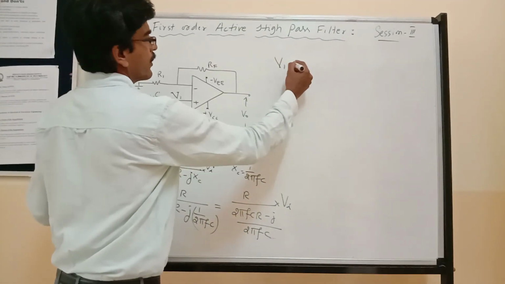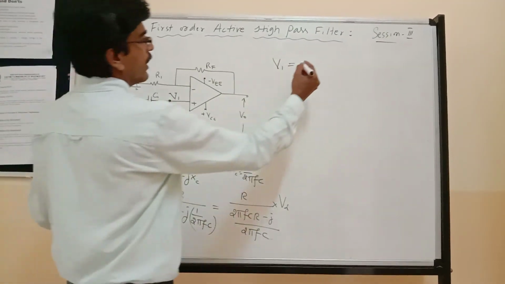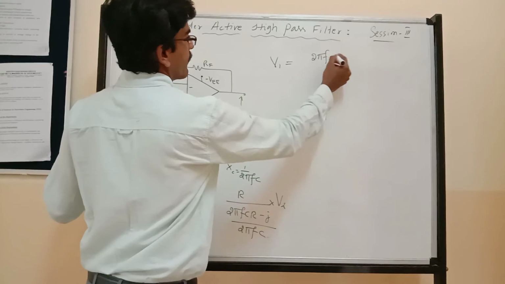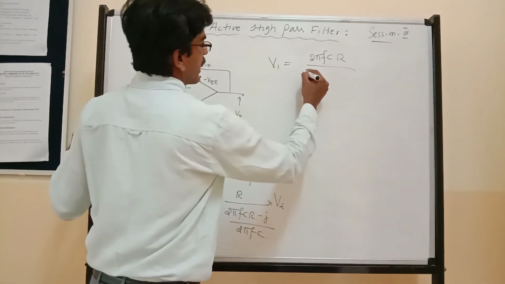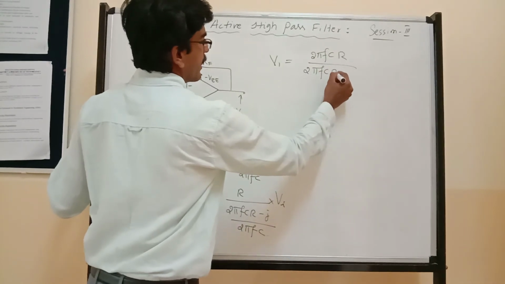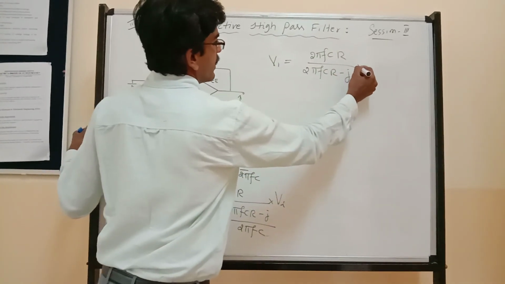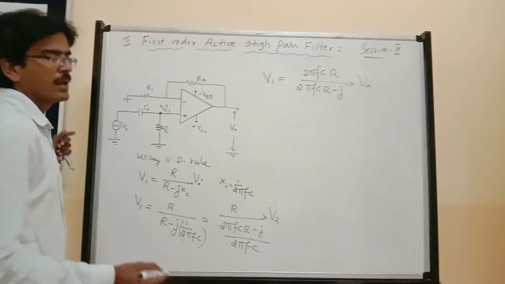Now V1 is equal to, 2 pi FC R will go to numerator, divided by 2 pi FC R minus j into Vi.